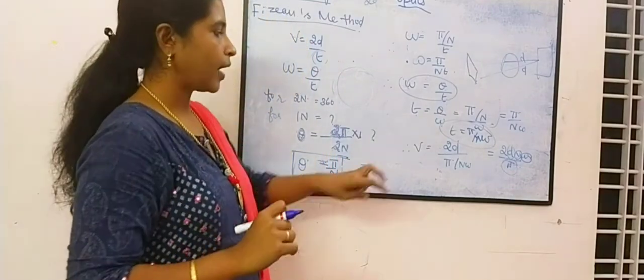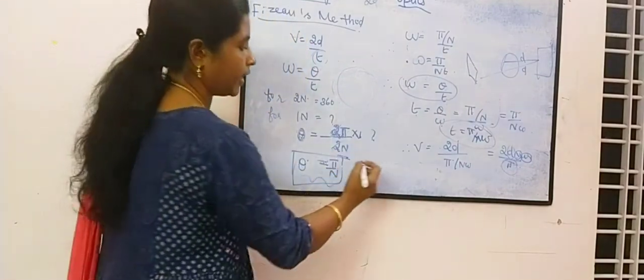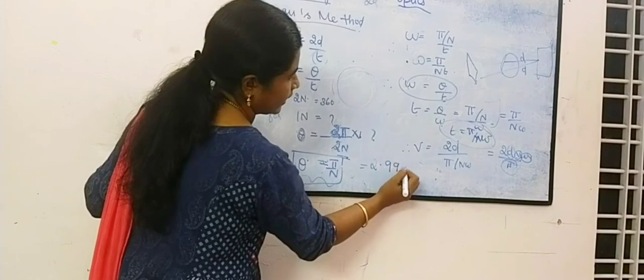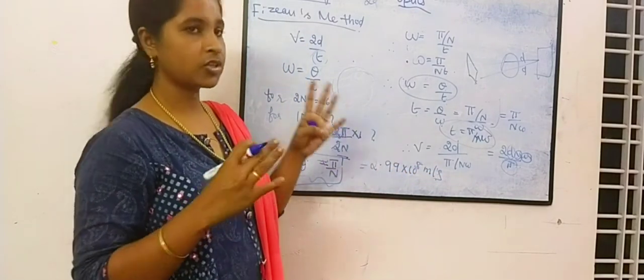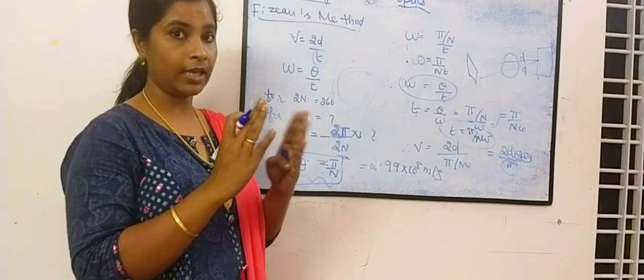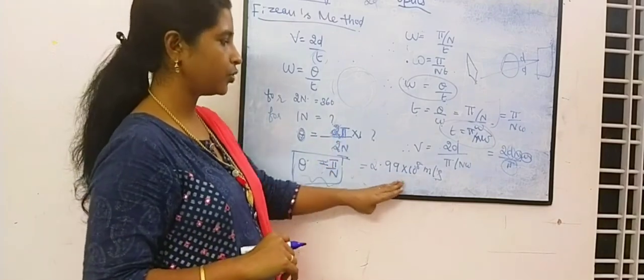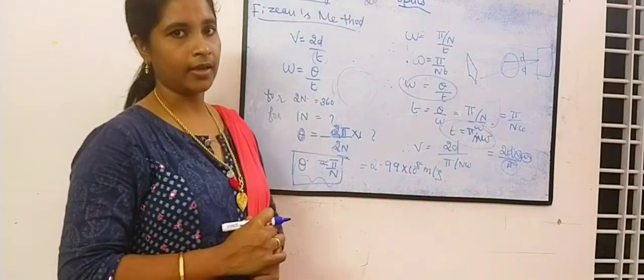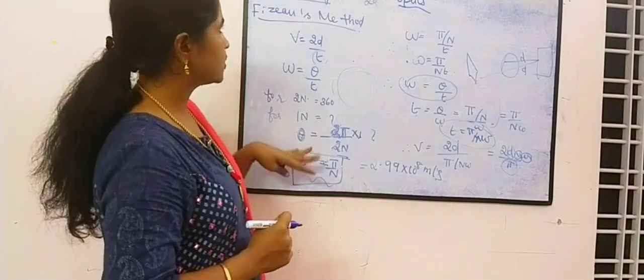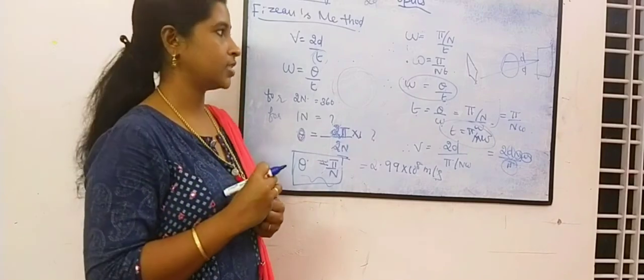So by this we found out the velocity of light to be 2.99 into 10 to the power 8 meter per second. This was equal to the actual velocity of light. So it was found to be 2.99, which means 3 into 10 to the power 8 meter per second. So this is how by this method he found out the velocity of light.